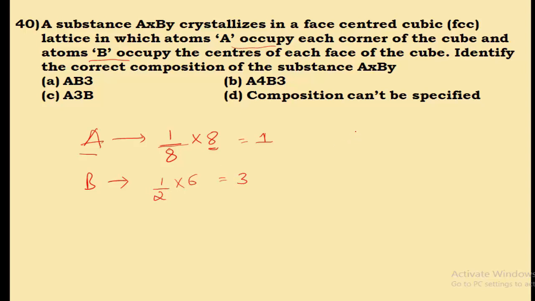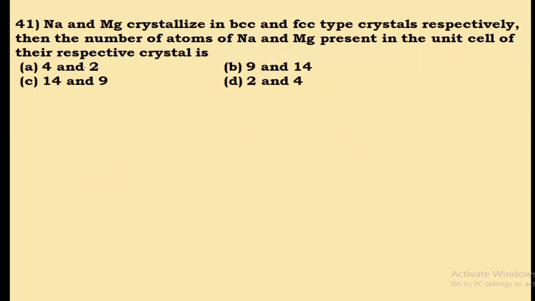Now, the formula of the compound will be A ratio B. How many A atoms are there? 1. And how many B atoms are there? 3. So what is the formula? AB3. This is the answer. So option A is the right one. AB3 is the formula for the given compound.